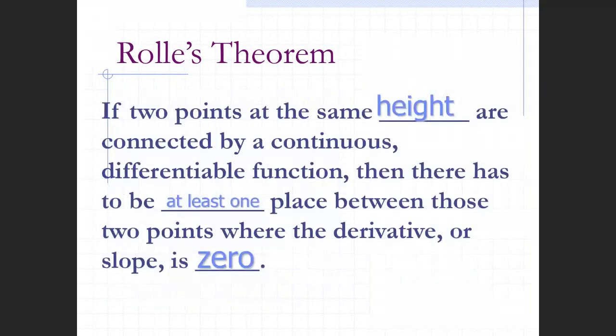So what Rolle's theorem is saying, that if two points at the same height are connected by a continuous and differentiable function, then there is at least one place between the points A and B where the derivative or the slope is 0.